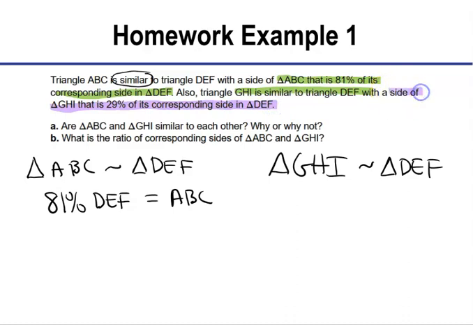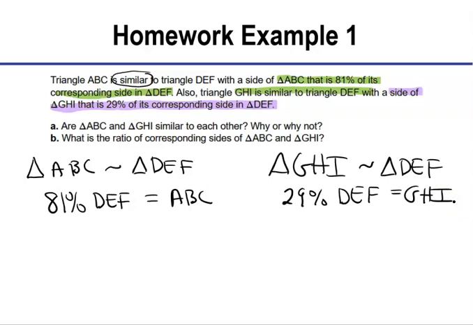So we have, again, a side of GHI that is 29% of the corresponding side in DEF. So again, GHI is smaller. To equal GHI, I would have to take 29% of DEF. Okay, so I'm going to write that down, that 29% of DEF is equal to GHI. Okay, so we've got all that information written down.